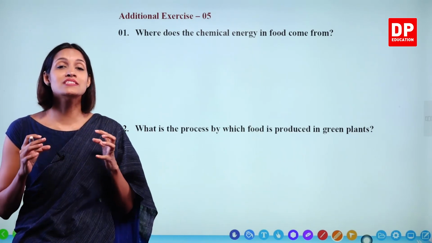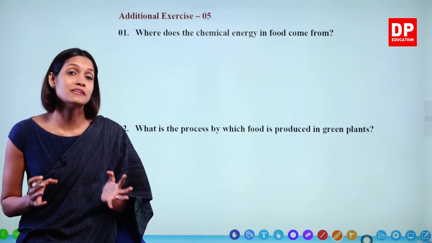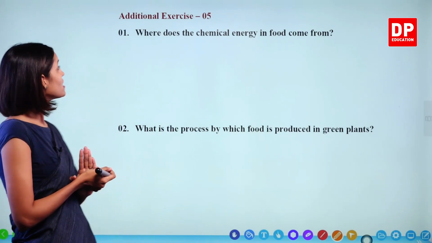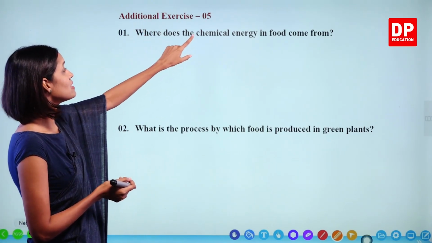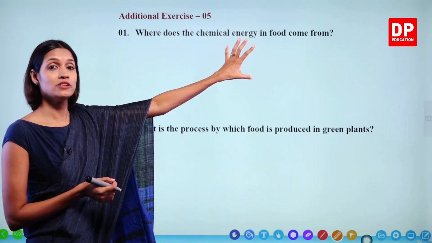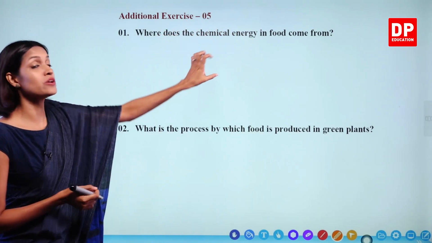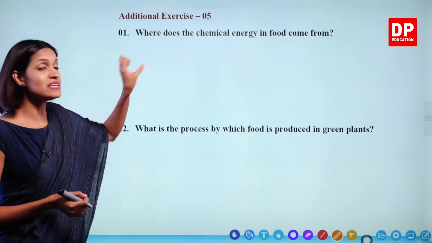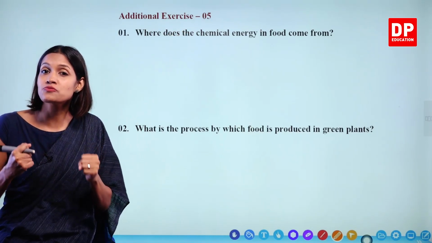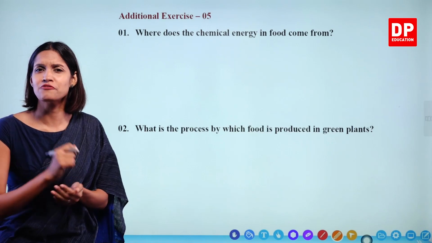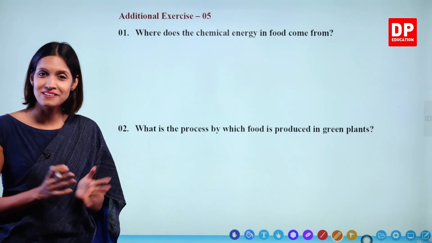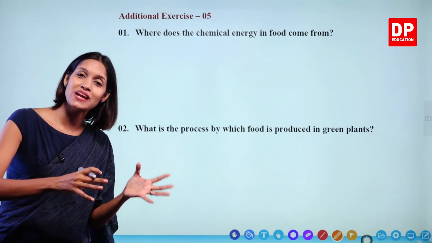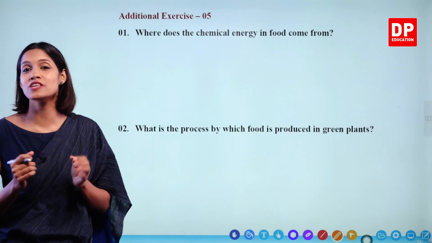Okay. So that is how food contains chemical energy. Basically food is produced in plants. So plants obtain the energy needed to produce food from what, children? From the sun. Right? So by using solar energy, plants can produce their own food.